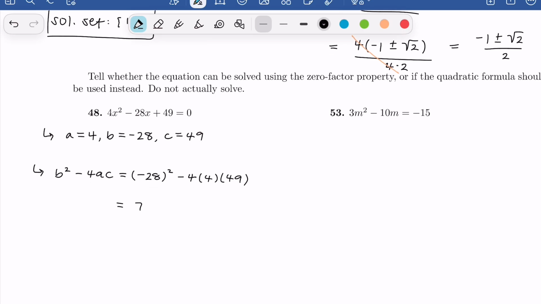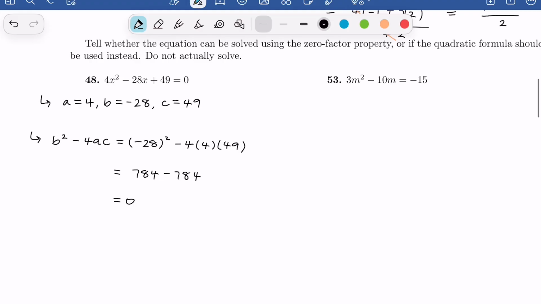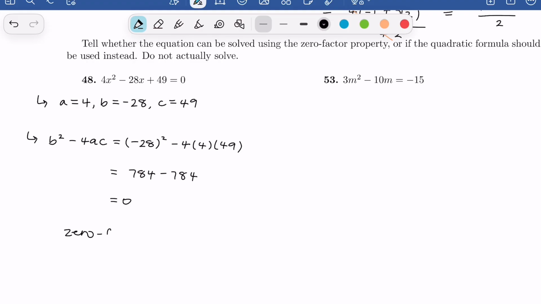We're going to end up with 784 minus 784, which is 0. Now, 0 is a perfect square. So this tells us that we're going to be using our zero factor property to solve, since 0 is also a perfect square.